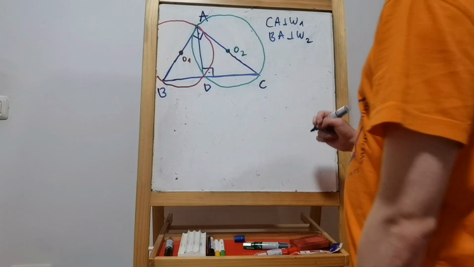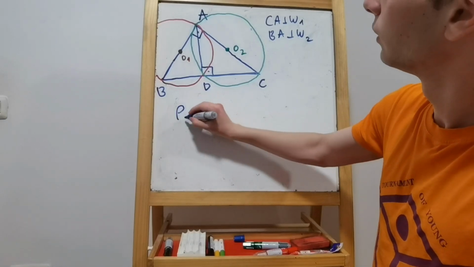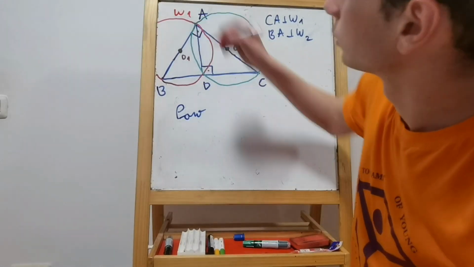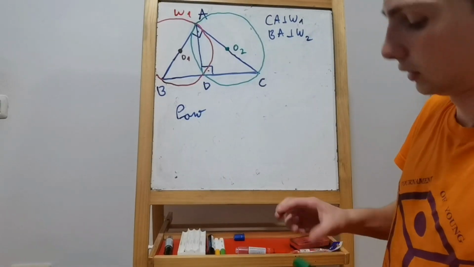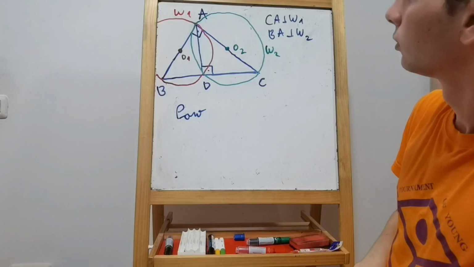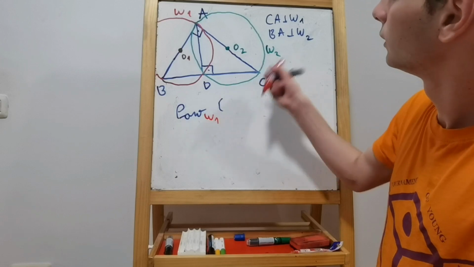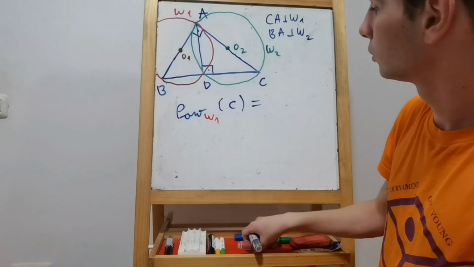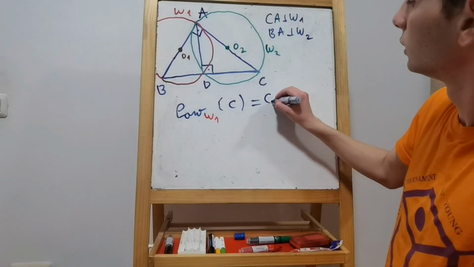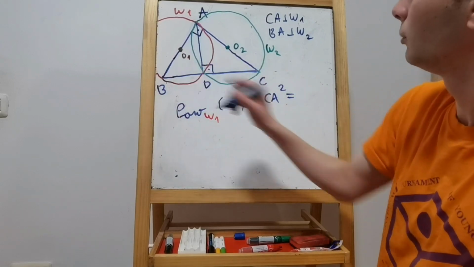Finally, through the power of a point, actually let me just say that this is omega 1 and this is omega 2. So the power with respect to omega 1 of point C is going to be CA squared, since CA is tangent to omega 1, so it's CA squared, but at the same time it is CD times CB.